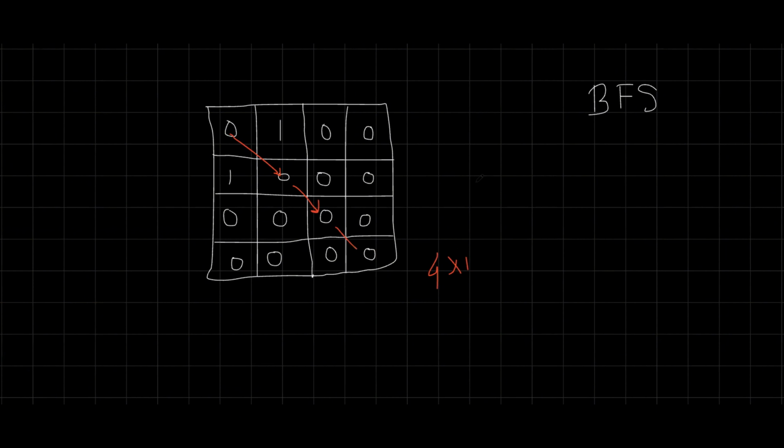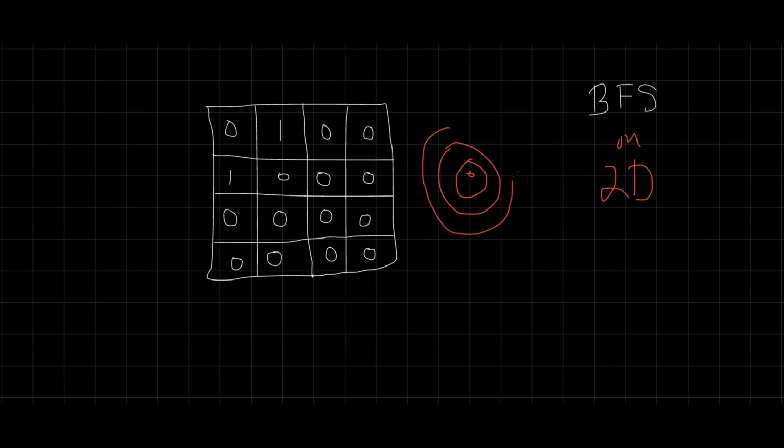Now the question is, how can we basically solve this problem? We can simply use the BFS on 2D grid algorithm to solve this problem. Because BFS is a level by level order search, so we will use this level by level order search technique to solve this problem. Now, let's see how we can utilize the BFS.